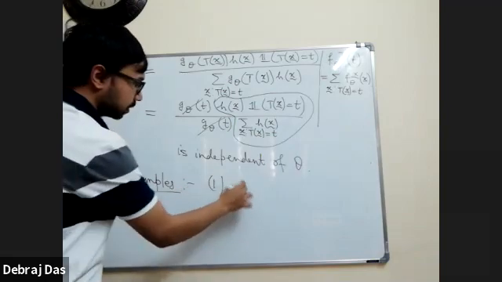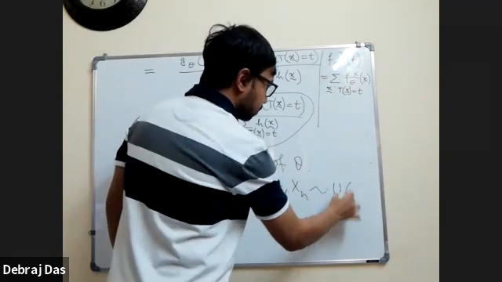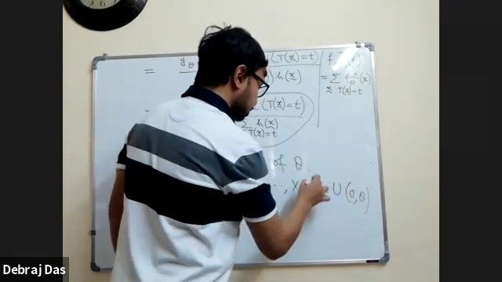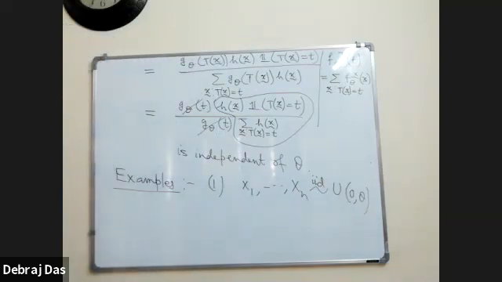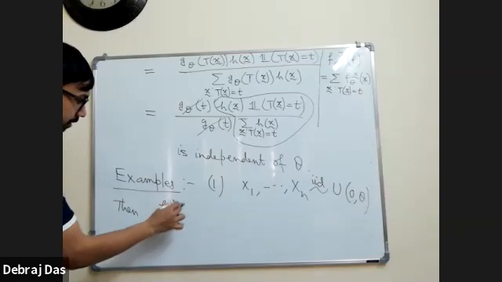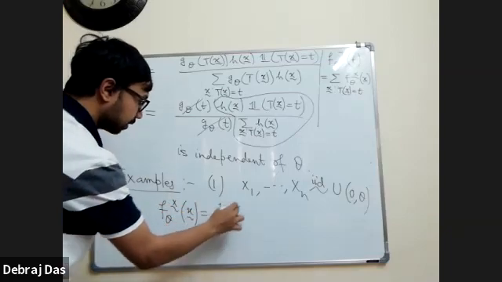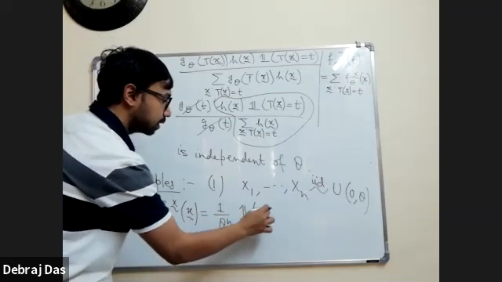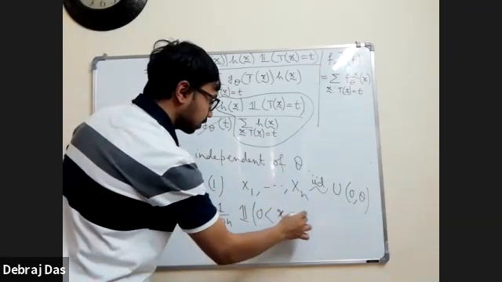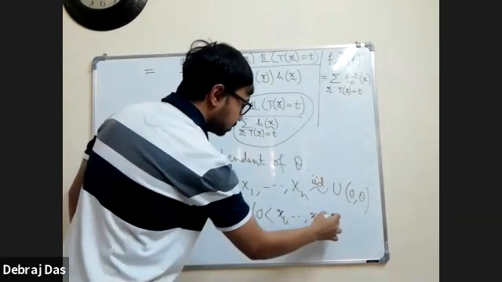Let's start with the trivial one. It's uniform 0 theta. Then what is the joint PDF? The PDF f theta of x curl at point x curl is 1 by theta to the power of n, indicator of 0 less than all the points less than theta, right? All the points are between 0 and theta.